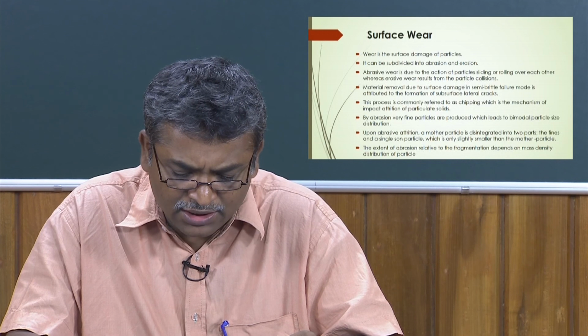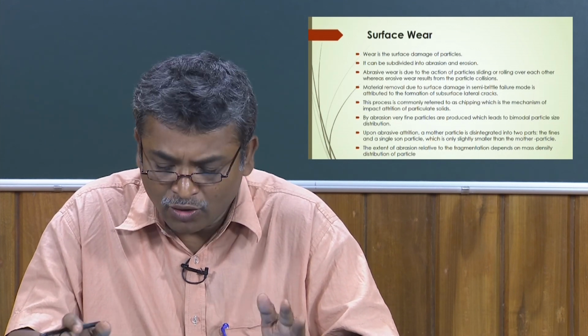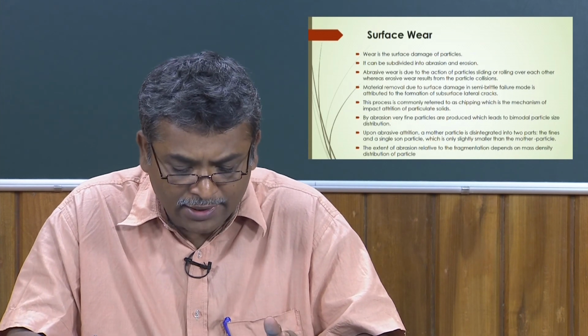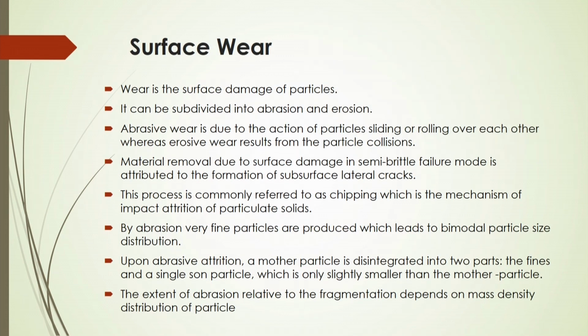So, abrasive wear is nothing but the action of particles sliding or rolling over each other, whereas erosive wear results from particle collisions. Material removal happens due to this surface damage in a semi-brittle failure mode, which is attributed to the formation of sub-surface and lateral cracks.